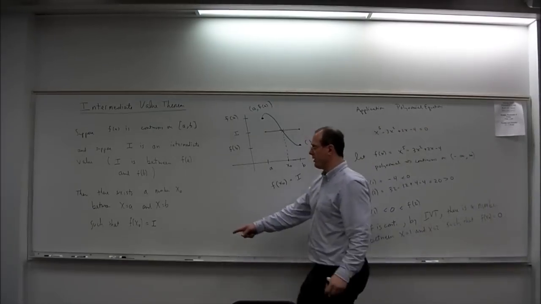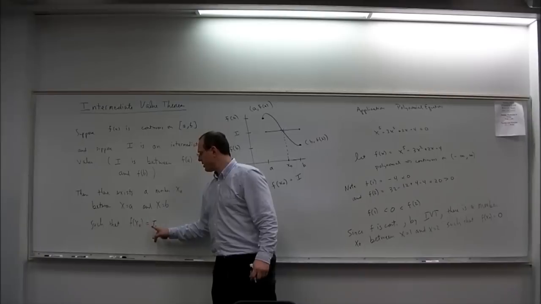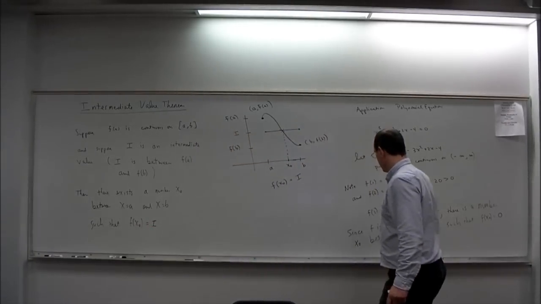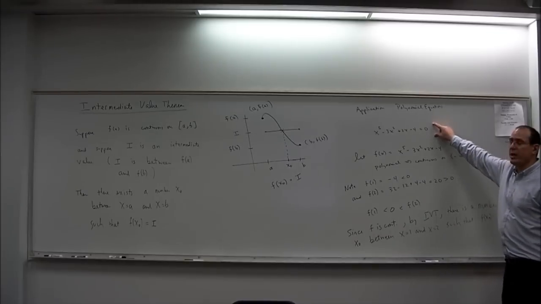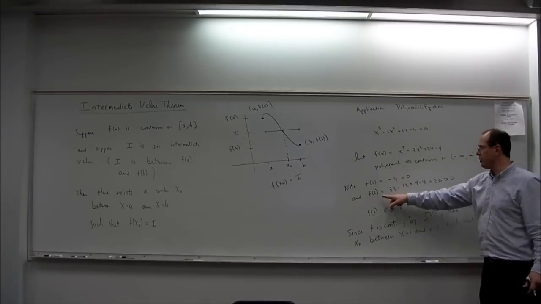There must be an x0 between a and b, between 1 and 2, such that f of x0 equals my intermediate value, which in this example is 0. So that shows that this equation has a solution somewhere between x equals 1 and x equals 2.